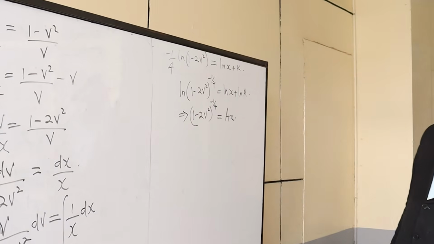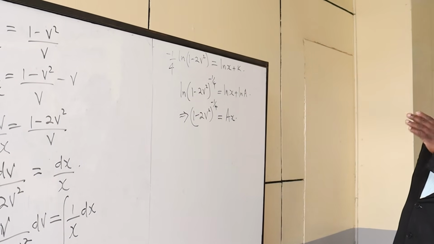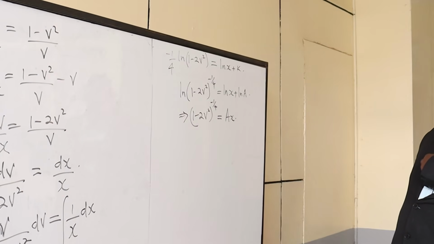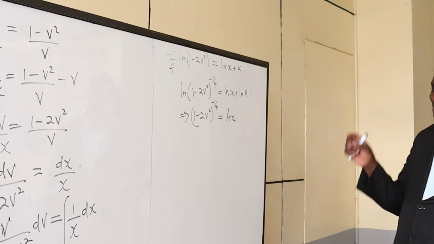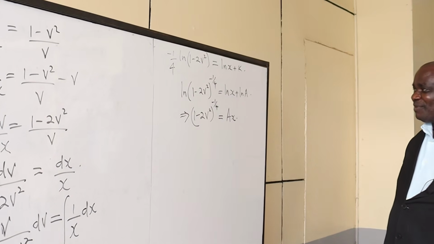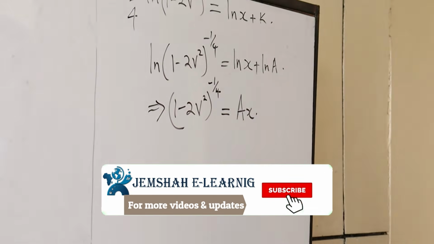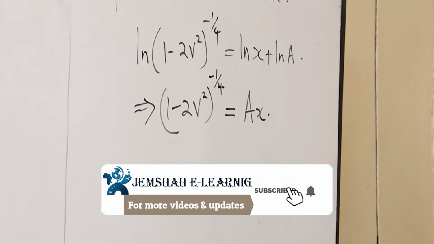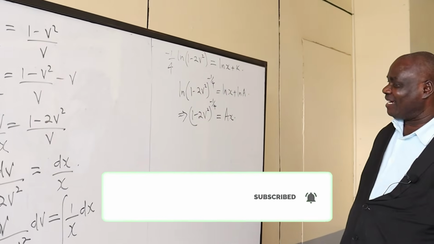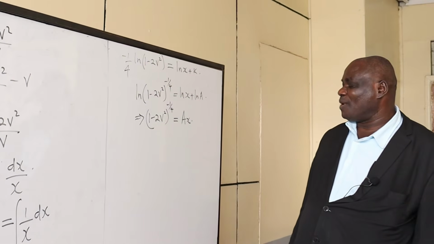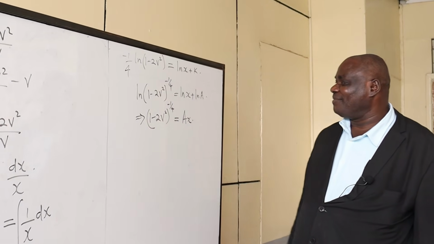Now, that is the solution to our differential equation after separating the variables, but it has v in it. We would like to substitute the value of v. And before we do so, we can clear this particular bit, this power negative a quarter. So power negative a quarter, that means we can raise both sides to power negative 4.